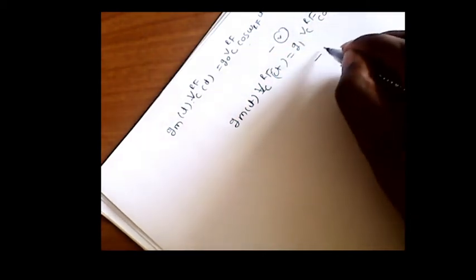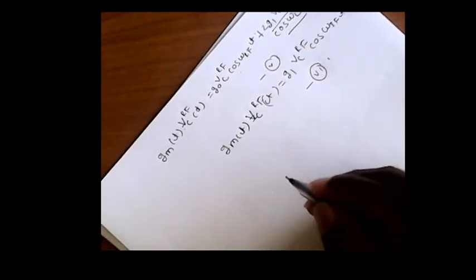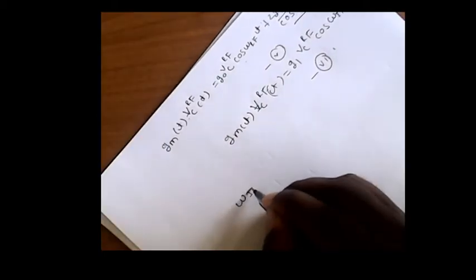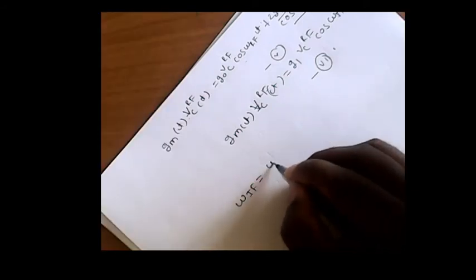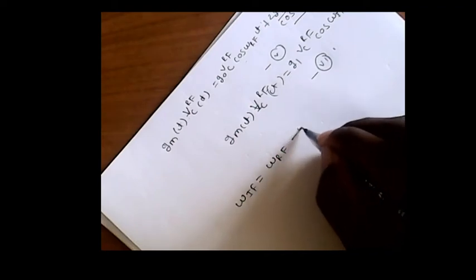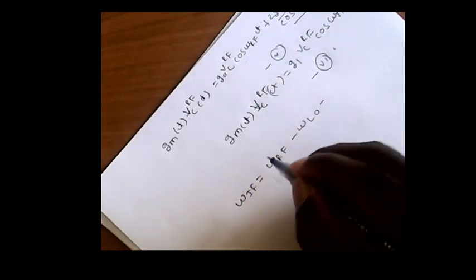This is equation number 6, where the intermediate angular frequency is the difference between the angular frequency of the radio frequency minus the angular frequency of the local oscillator.